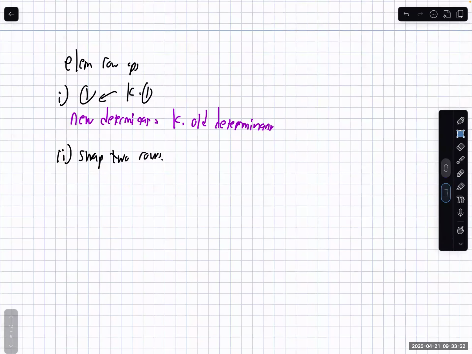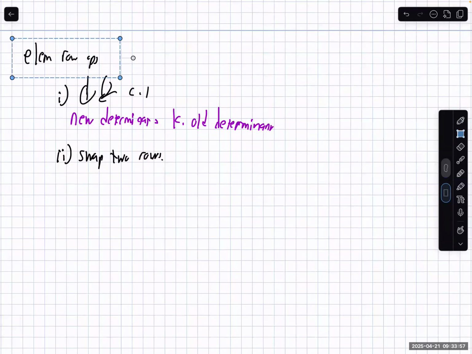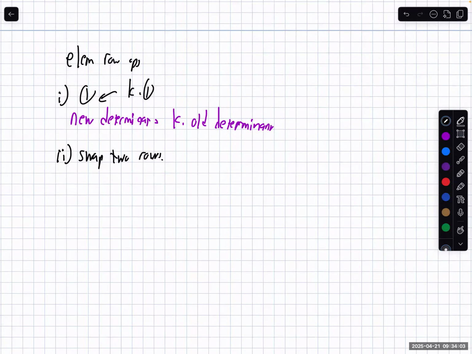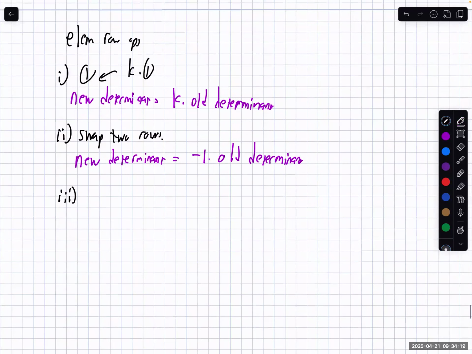Second type of elementary row operation, swapping 2 rows: the new determinant is -1 times the old determinant. And the third one, I'll just write it this way.